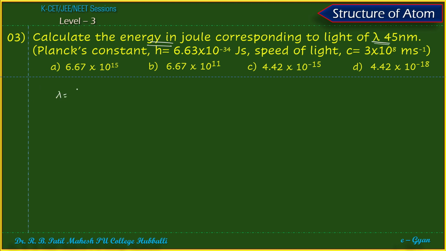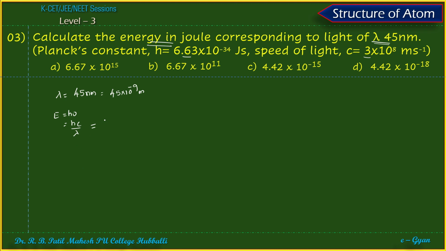The wavelength is given as 45 nanometers, which can also be written as 45 into 10 to the power minus 9 meters. We have the formula to calculate energy, E is equal to h nu, which can also be written as hc divided by lambda, where h is Planck's constant and c value is also given. Substitute the values, you will get the answer.